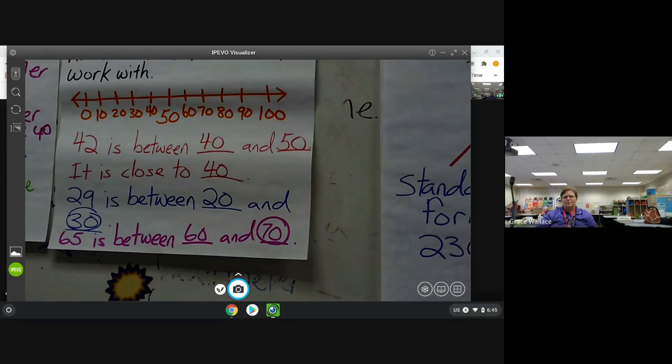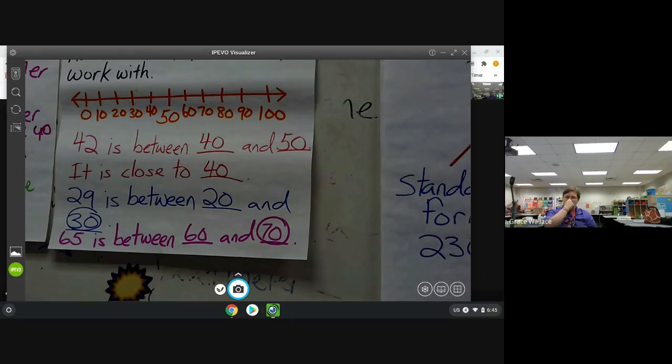Those are my benchmarks. Now, when it lands on a 5, we want to give it the benefit of the doubt. It's like getting a test grade and you got a 99.5. Man, that's really close to 100. That is so close. So hopefully the teacher is going to give you the benefit of the doubt and is going to round up.